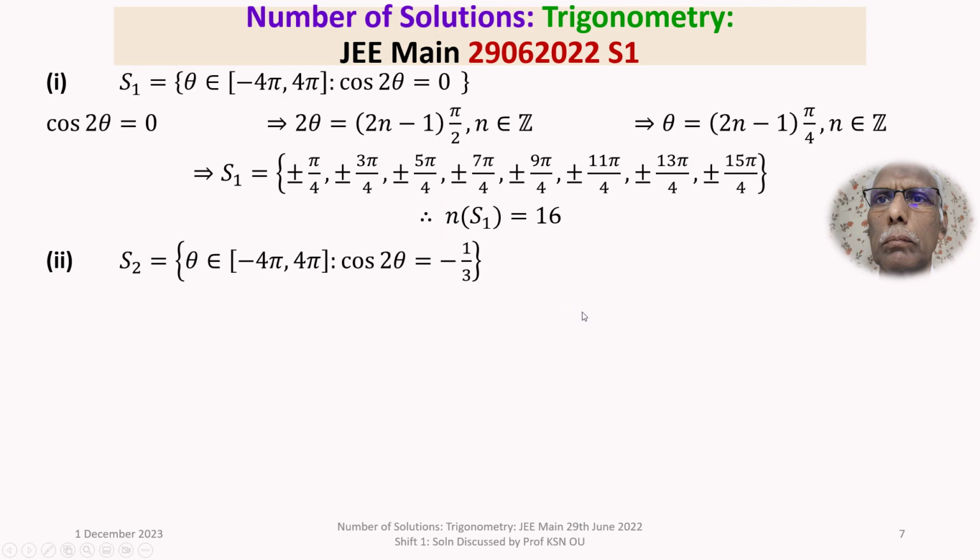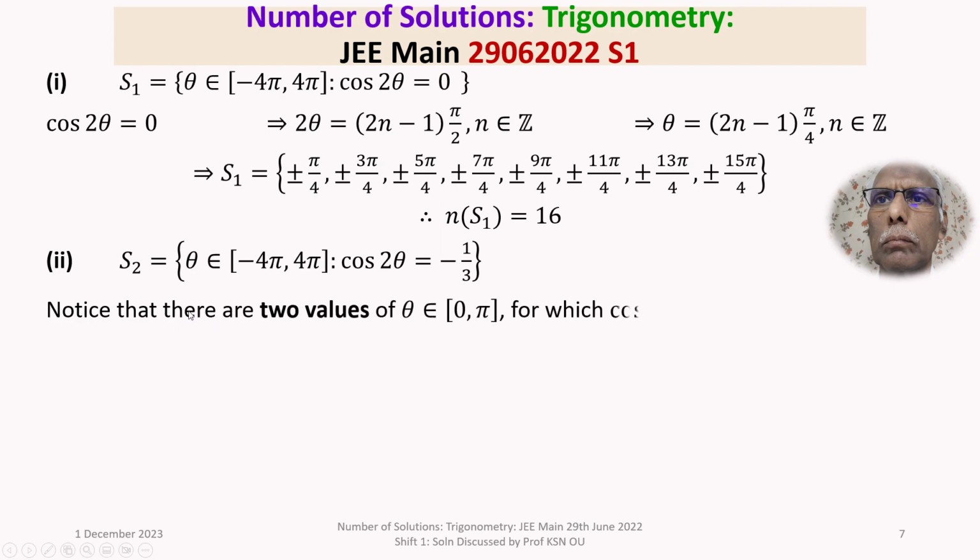Now, we look at the graph of cos 2 theta, and we notice that there are two values of theta that belong to the interval 0 to pi, for which cos 2 theta is equal to minus 1 by 3.